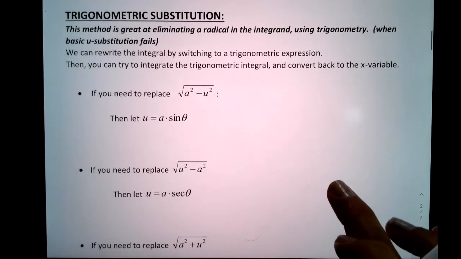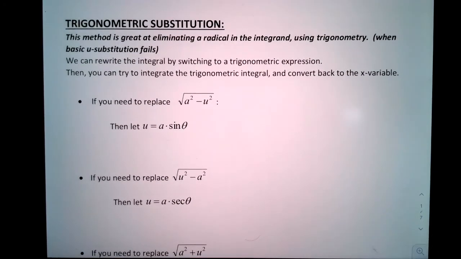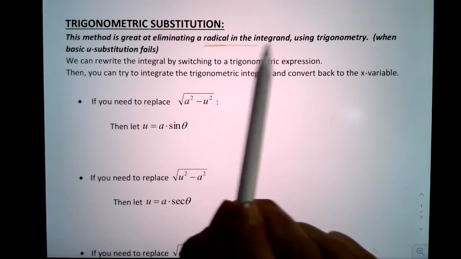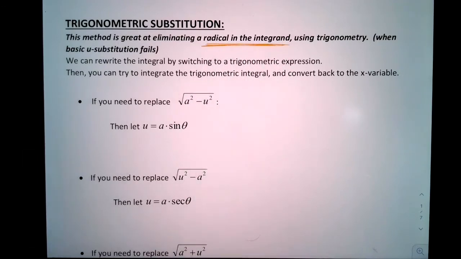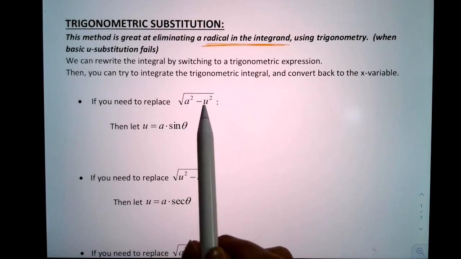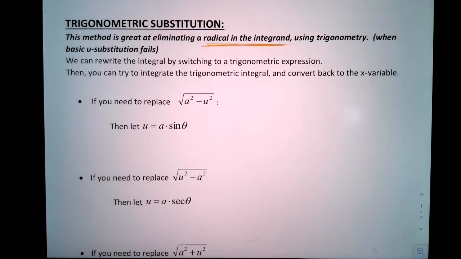Trig substitution is really good at getting rid of a radical in the integrand that has a particular look to it, where again it's a number squared minus a variable squared. Depending on the order, and depending on whether it's subtraction or addition, we'll make different trig substitutions.